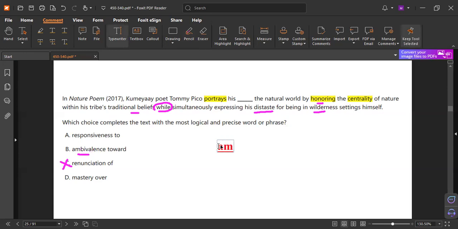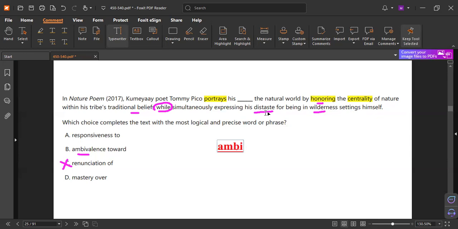Ambi means something has two meanings. So, like opposite meanings: he honors the centrality of nature, and at the same time he expresses distaste. These opposite ideas are conflicting. That's why we call it ambivalent, conflicting. So ambi has two opposite meanings, like conflicting feelings, ambivalent feelings, ambiguous meanings.